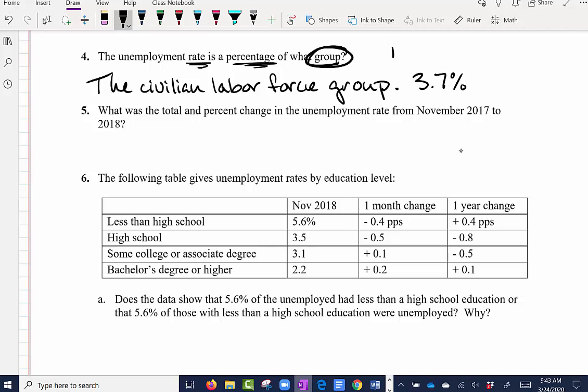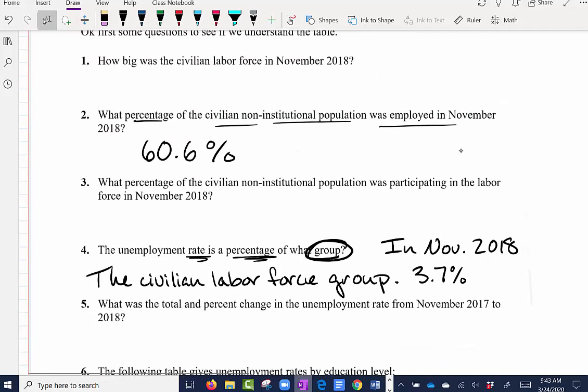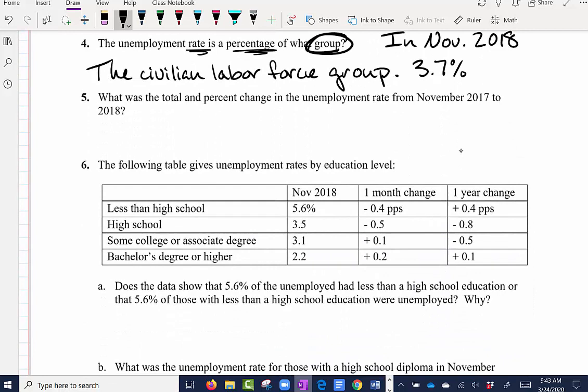I'm presuming that we're still talking about November of 2018 like we did in the last couple problems. That 3.7% is 5,975 divided by 162,770. So that's how you could get that percent without them giving it to you in the table.